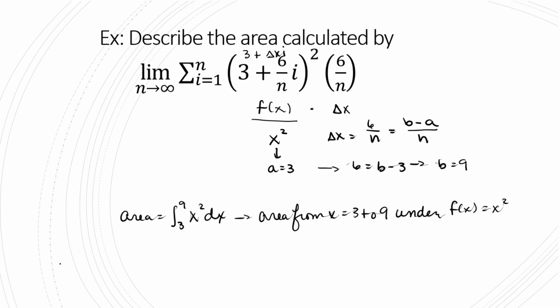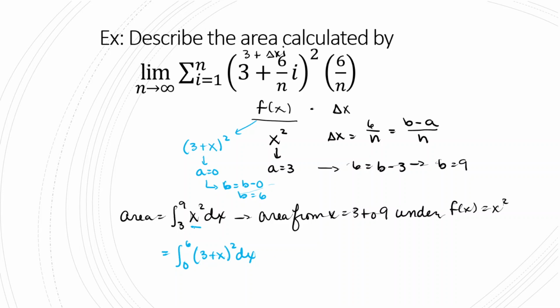Now there is an alternate way to define this, and that is to let f of x be 3 plus x squared. In this case, the a would be 0, because there isn't another number there, and so this would tell me that 6 has to equal b minus 0, so b would be 6, and my area would be the integral from 0 to 6 of 3 plus x squared.